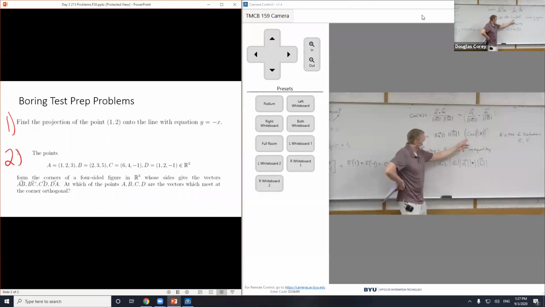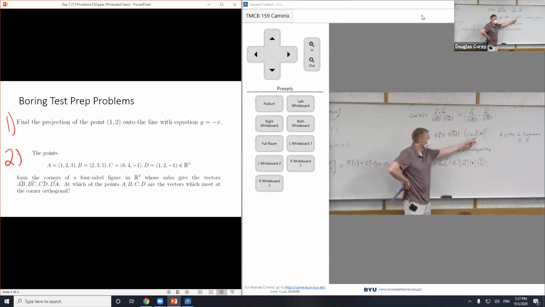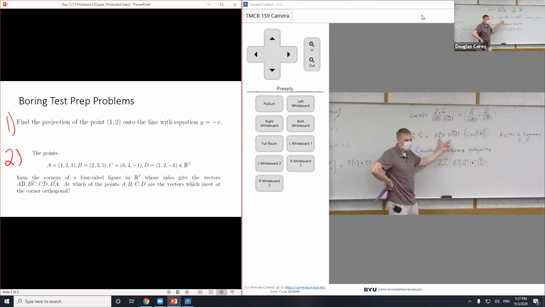Cosine, if it's 1, we get an equality here. What does it mean with these vectors if the cosine is 1? What's theta? 0. So what does that mean about the vectors? They're the same vector, pointing in the same direction. And so then it's equal.